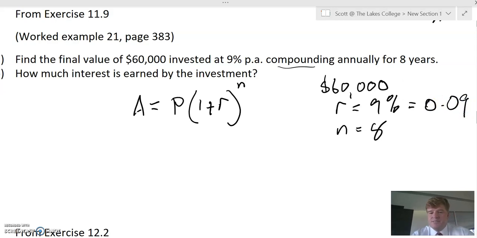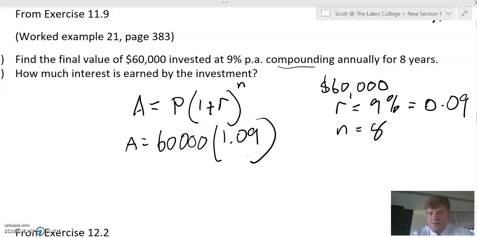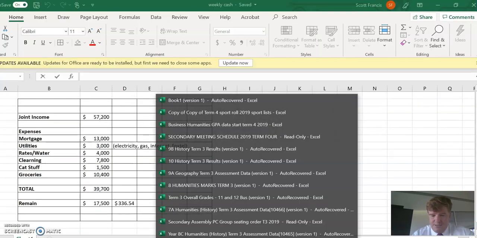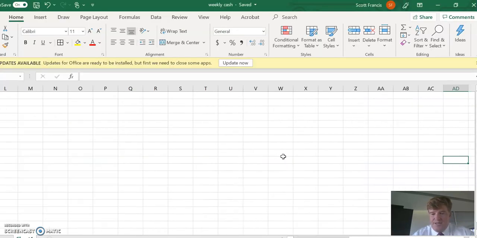So let's put these numbers into the equation. The amount is going to equal $60,000 by 1.09 to the 8th. I've only got a simple calculator on my phone, so I'm going to go to Excel to do a calculation here.